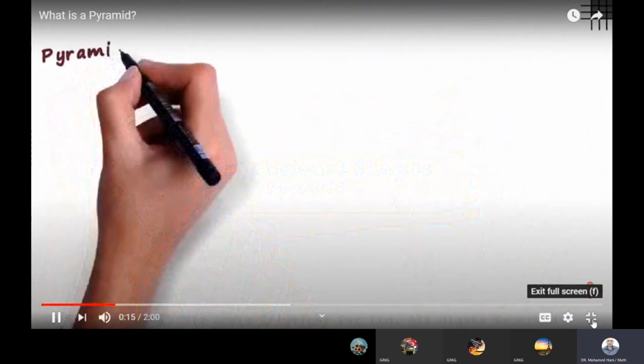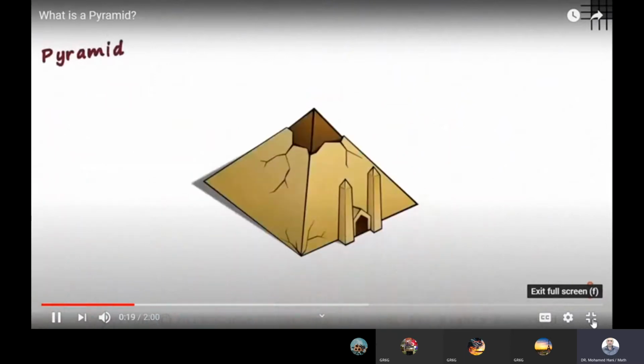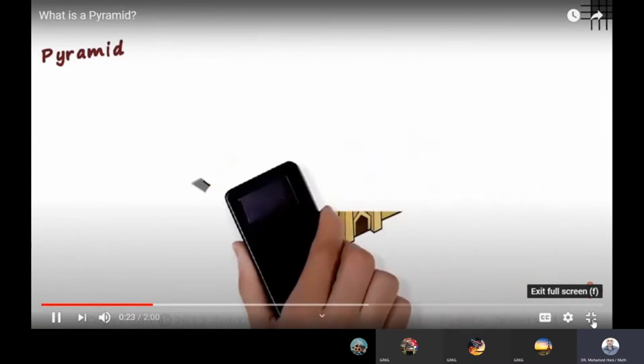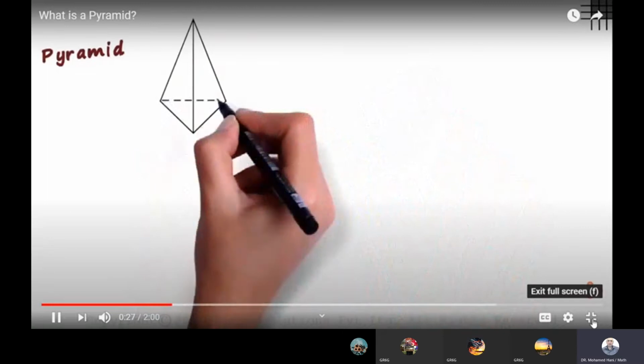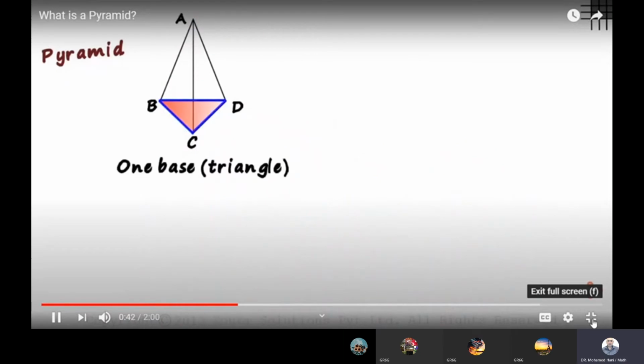What is a pyramid? The only pyramids probably everyone remembers are the ones in Egypt. But that's not the only type of pyramid. Let's erase this and draw the pyramids ourselves. It looks something like this. Notice that it has 1, 2, 3 and 4 vertices. Let us name them A, B, C and D. It has just one base, and this base is a triangle.